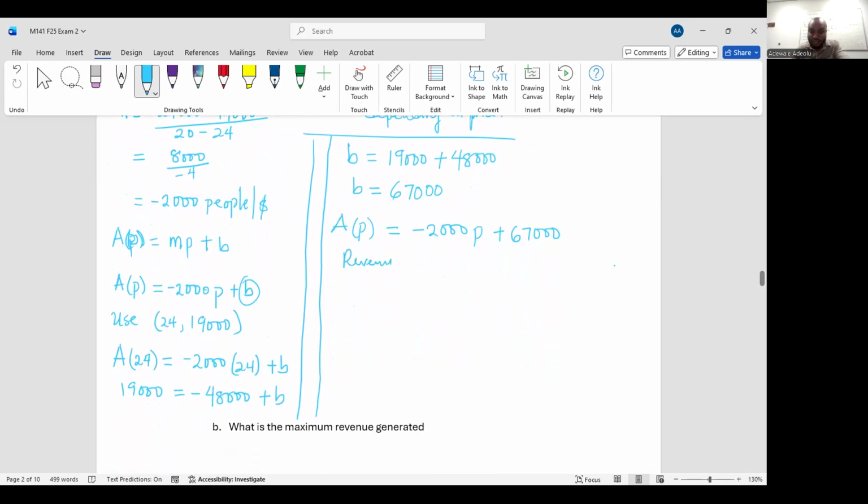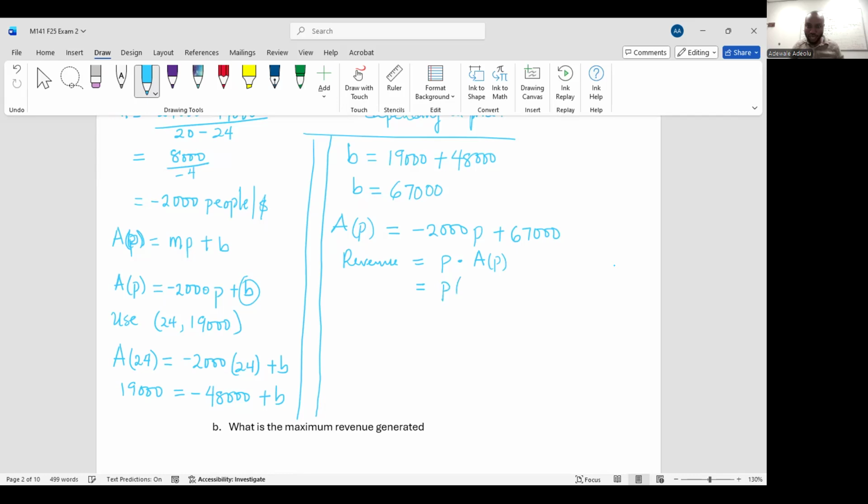Revenue in this case will be the unit price multiplied by the number of people that attend the concert. That is how to know the revenue, in the real world, just as when you are doing business.